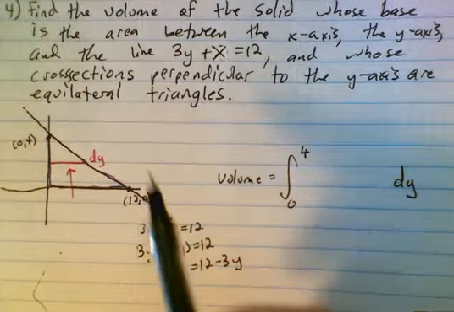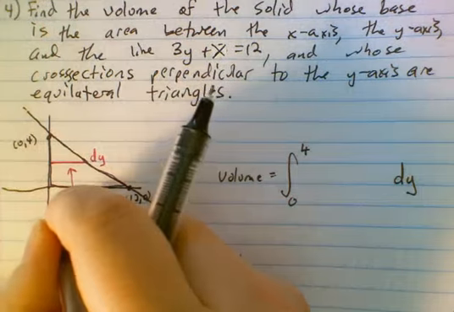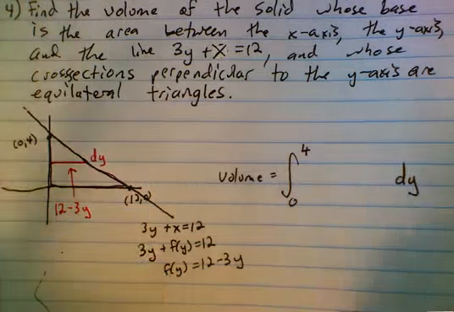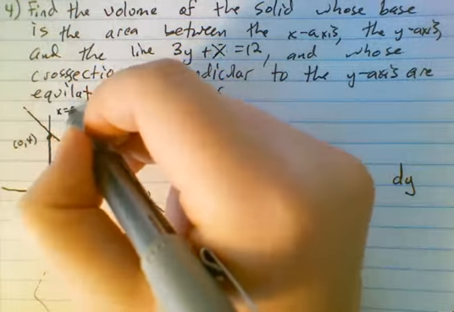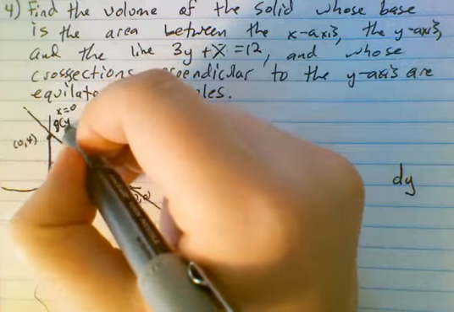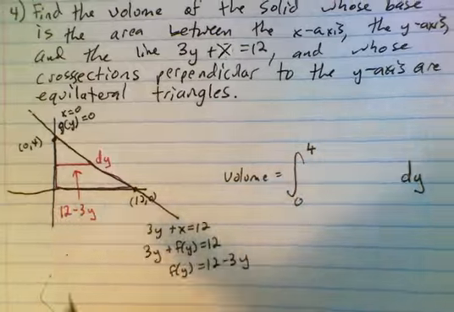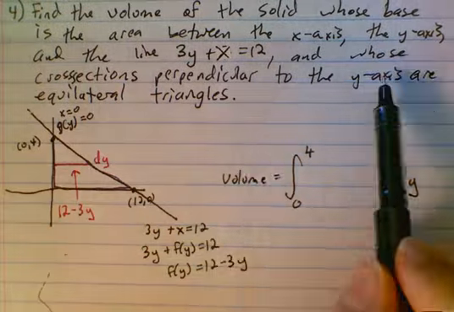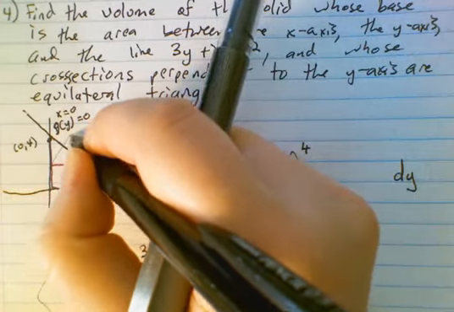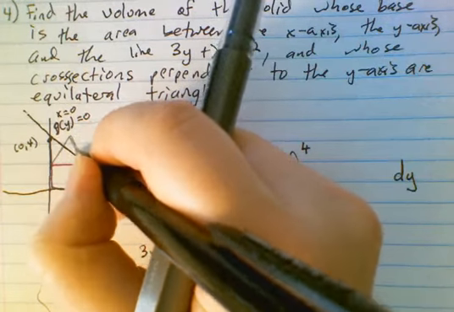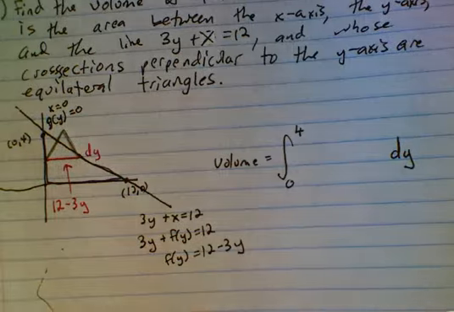So to find this area, we're going to do the right side, so that's 12 minus 3y. And then we're going to subtract this, which is just the line x equals 0, or let's call it g of y equals 0. So this is 12 minus 3y minus 0, or just 12 minus 3y. Now, cross sections perpendicular to the y-axis are equilateral triangles. So we have a nice little formula that we should have just memorized for the area of an equilateral triangle.